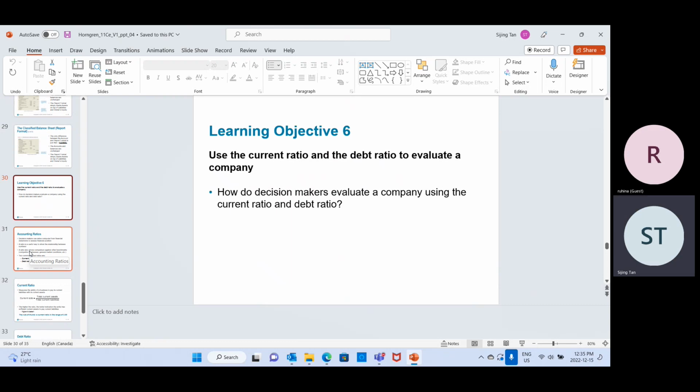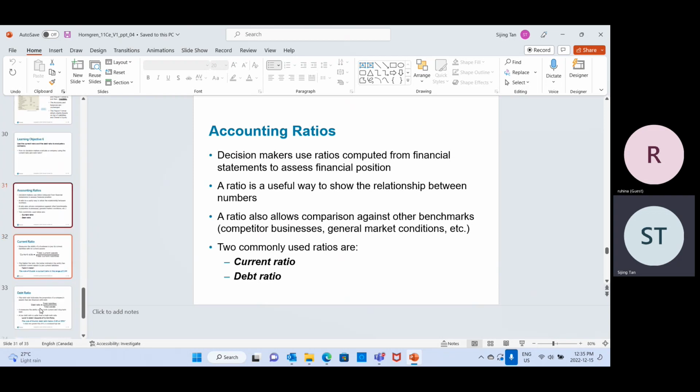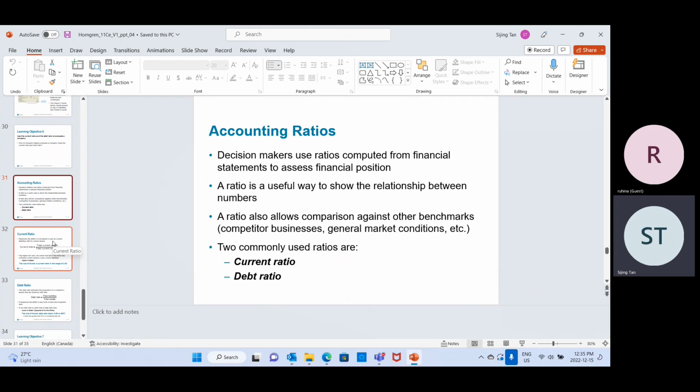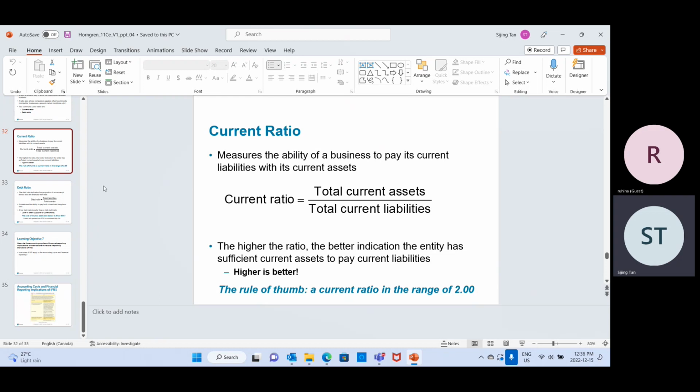The next one: how do decision makers evaluate companies using the current ratio and debt ratio? Ratio analysis is one of the most important tools to analyze a company's financial situation. The current ratio and the debt ratio are very commonly used ratios that allow comparison against other benchmarks. We'll talk about the current ratio first. For the current ratio, we use total current assets divided by total current liabilities.